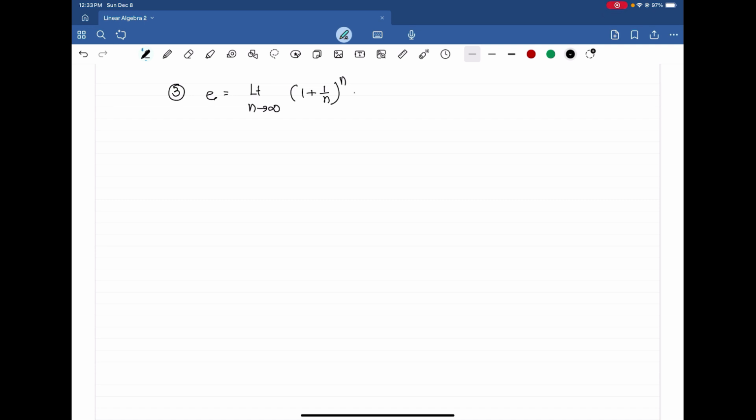And another related to e is 1 by e is equal to limit n tends to infinity factorial n by n to the power of n, whole to the power of 1 by n. Please remember these values.